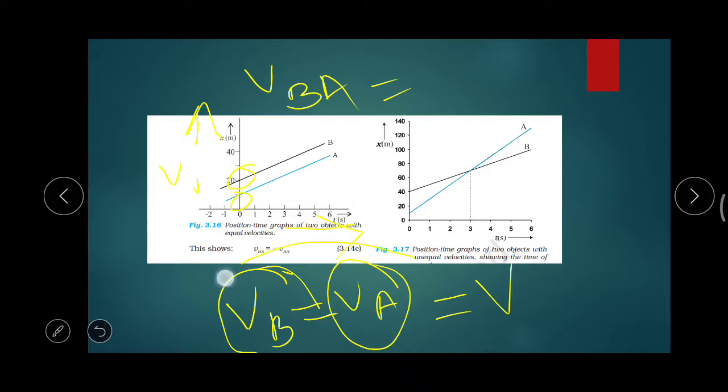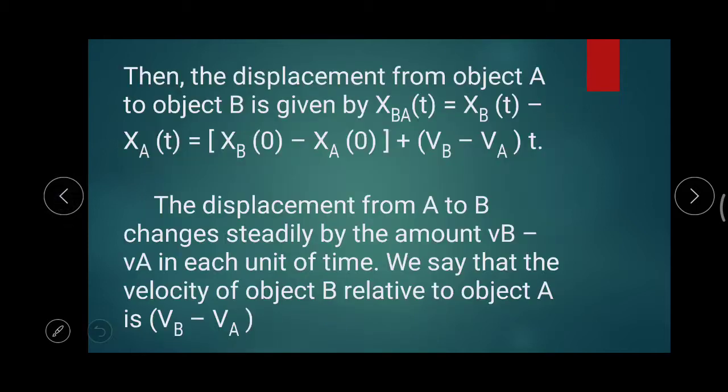Both VB and VA are equal, so VB minus VA will be equal to 0. VAB also will be equal to 0 when both the bodies are moving in the same direction with the same velocity. The relative velocities will be equal.